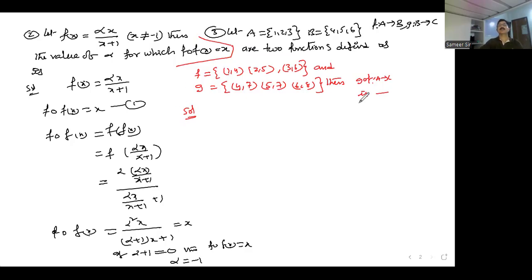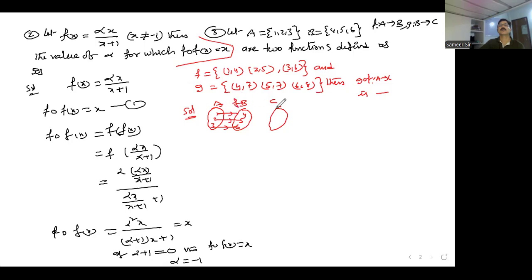Okay, you see this now, what exactly he has given. Diagrammatically, if you want, I would like to write like this. See this: A, B, C. Set A has 1, 2, 3 and set B has 4, 5, 6. 1 maps to 4, 2 to 5, 3 to 6.